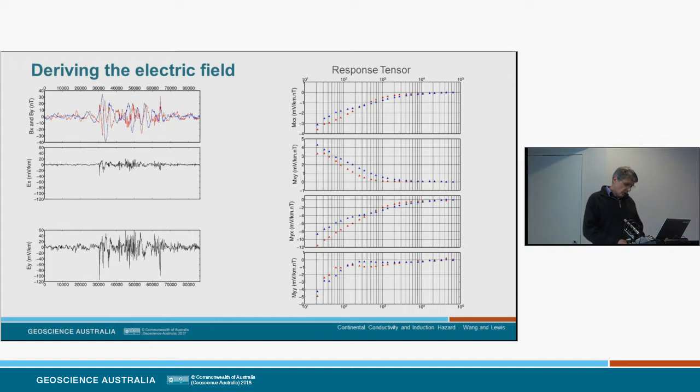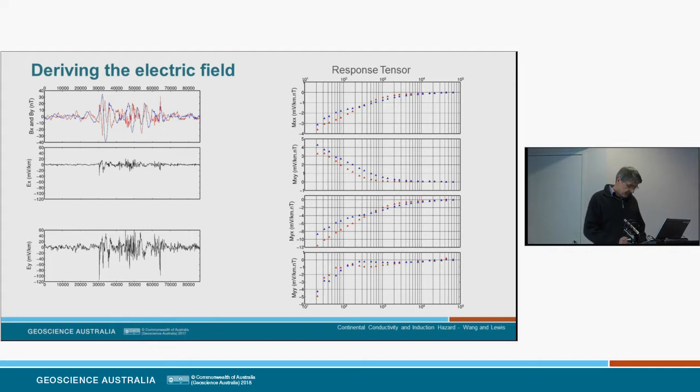But to calculate the time series of the electric field, we need the response tensor across the full spectrum. And on the right, we've got the 4 elements of the response tensor plotted here. So there's the real and the imaginary parts to each of those. Those response tensors are calculated from observed data collected from Alice Springs and Hamilton Downs, and they're across a period of about 20 seconds to about 20 hours.